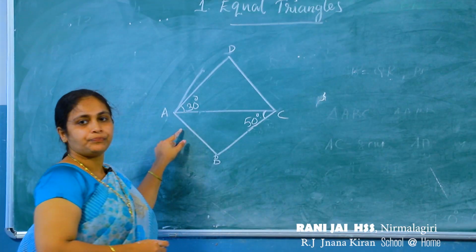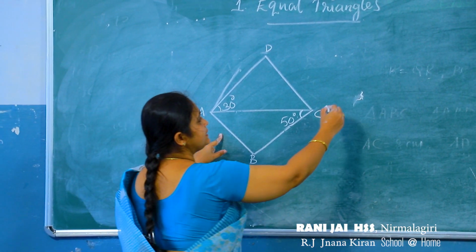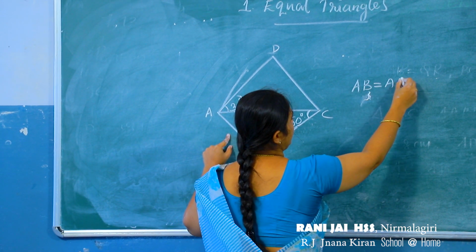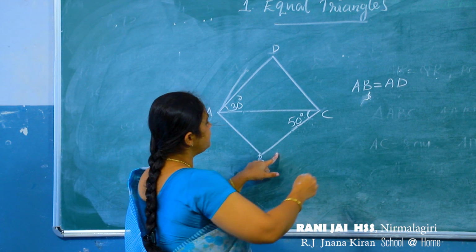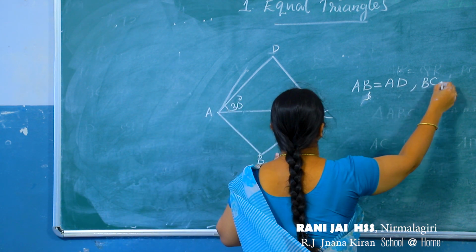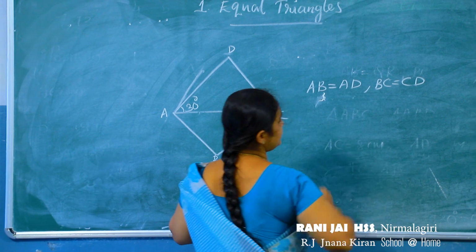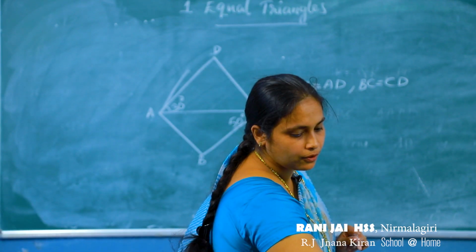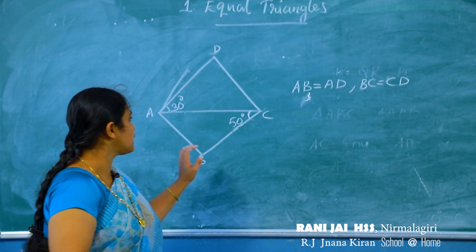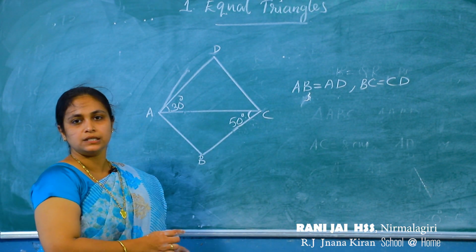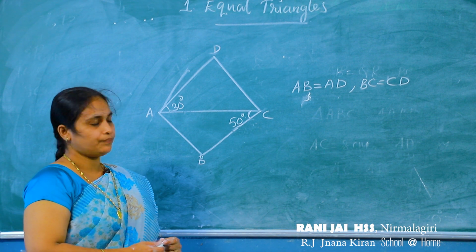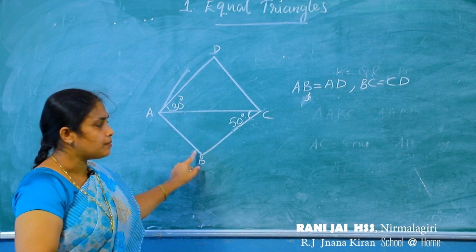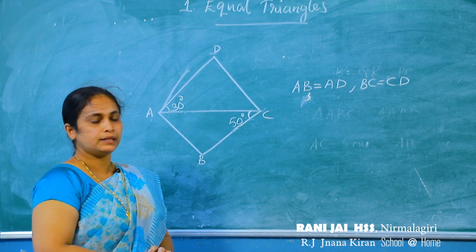Here in this question, it is given that AB equals AD and BC equals CD. The question is, compute all angles of this quadrilateral ABCD.